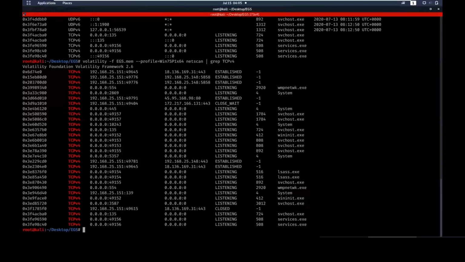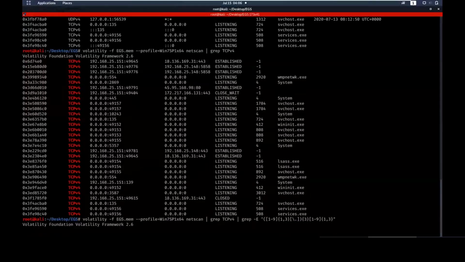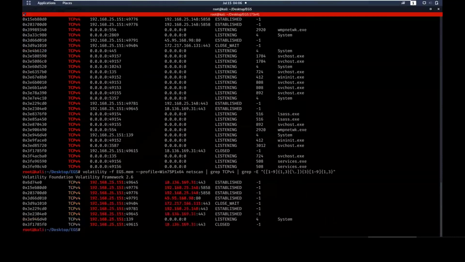For example, I have a lot of 0.0.0.0 entries, which I'm not interested in. So I'm going to use another grep on top of that to eliminate the zero entries. Here we go.